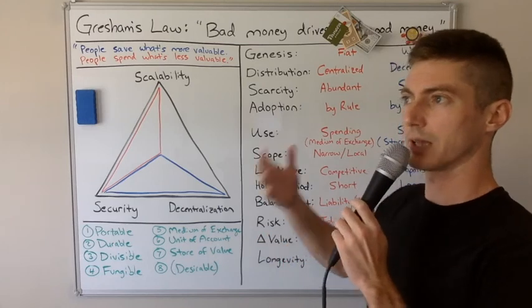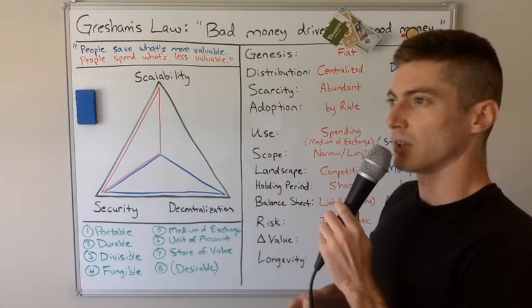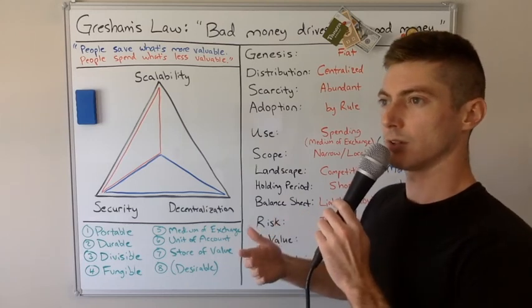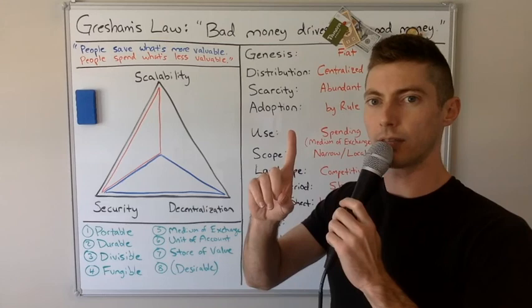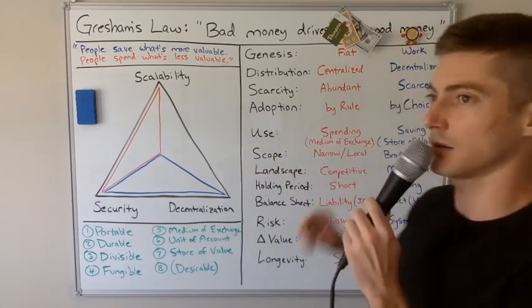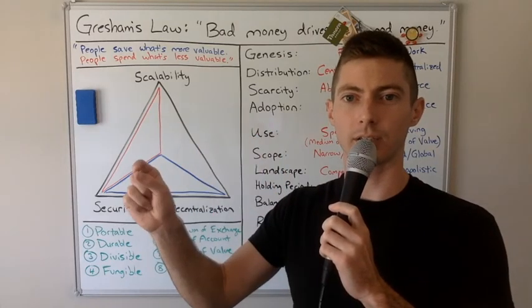This is where I differ from a lot of economists, I think, because I would argue that for something to be a store of value, it has to be the one thing that is considered good money whenever you pair any two possible things.